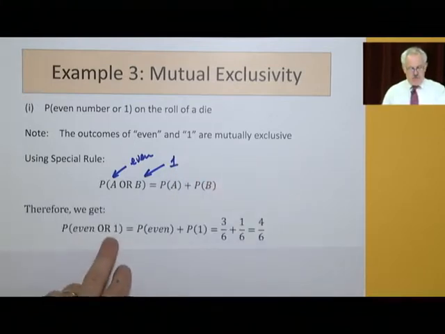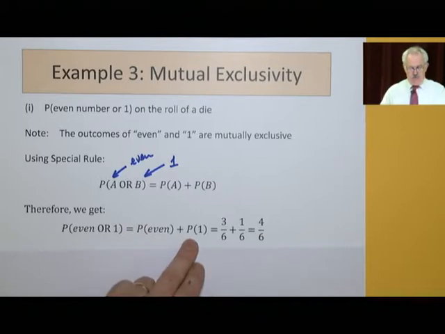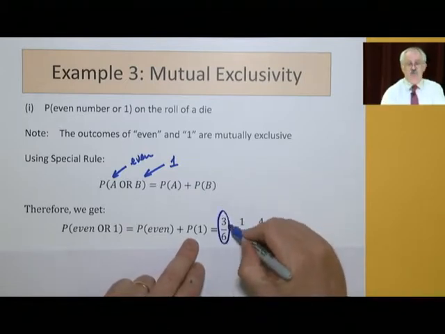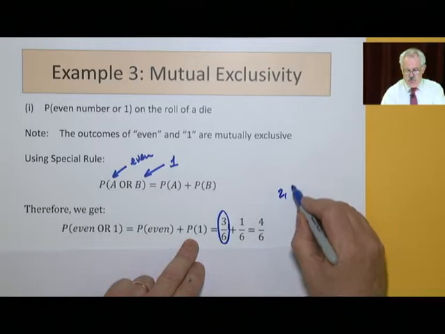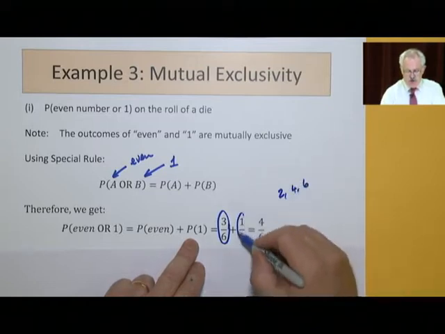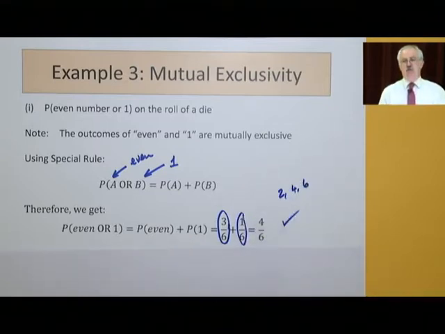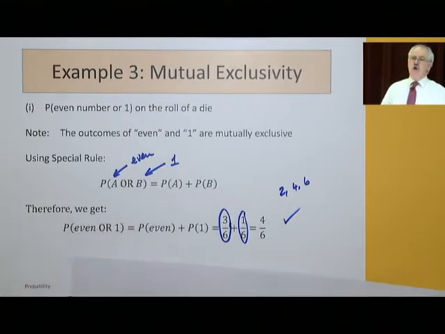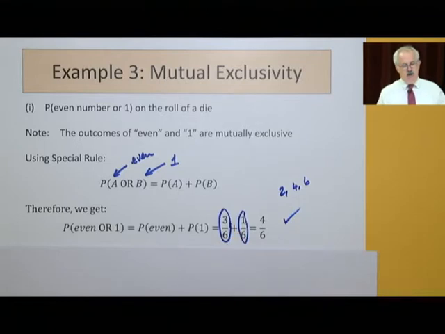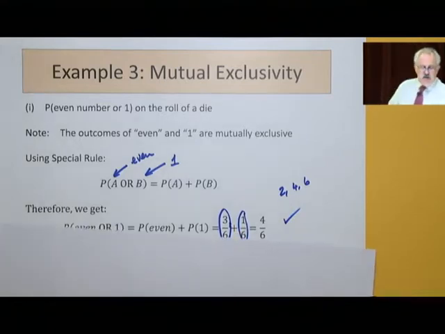So P(even or 1) is P(even) plus P(1). Chance of it being even, 3 out of 6, because you have 2, 4, and 6. Chance of it being a 1, 1 over 6. Add the two, 4 over 6. So what we know instinctively, we can now see that the equations work for us in that case.